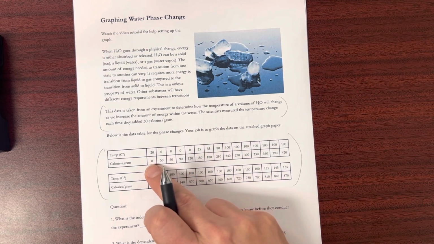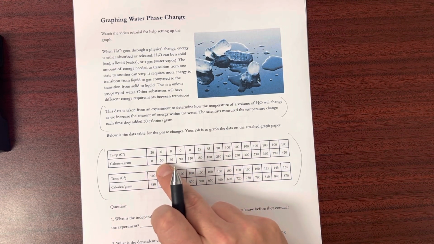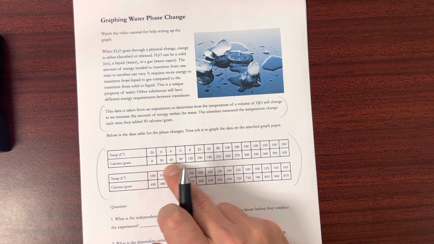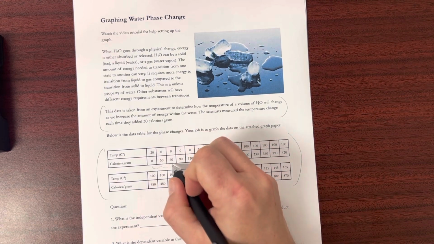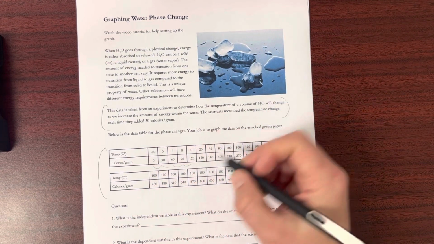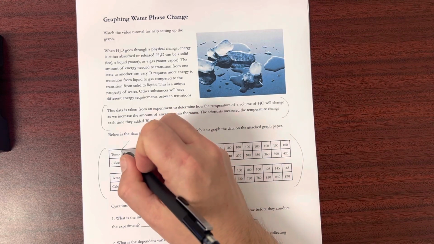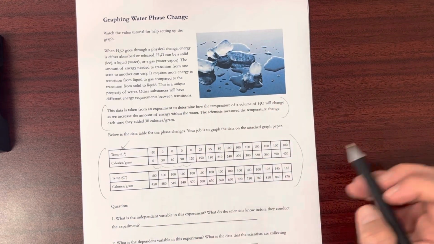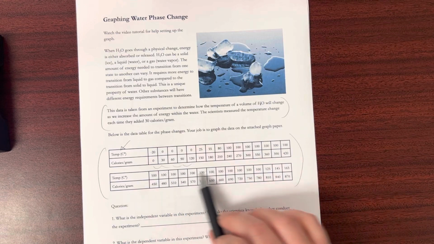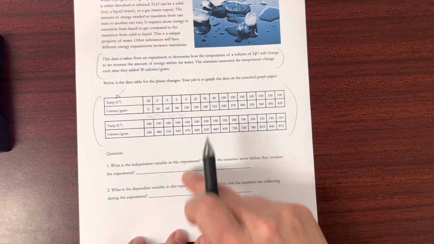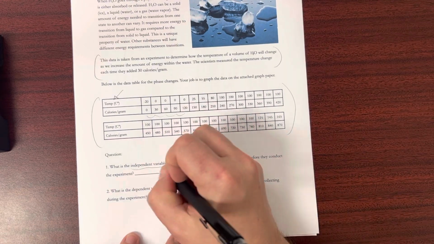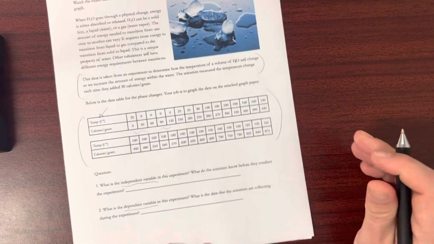So they're starting with 0 calorie input, then they're adding calories, 30 calories per gram as they go, okay? So it increases by 30 each time. And then they measure during the experiment what the temperature is at each of those calorie inputs. So that's going to relate to these two questions down here, independent variable, dependent variable.